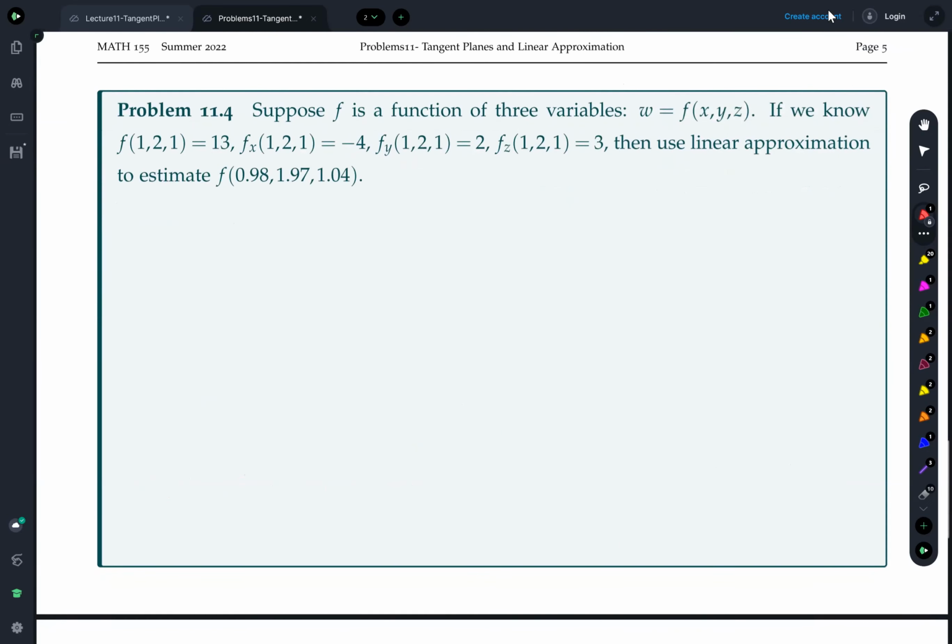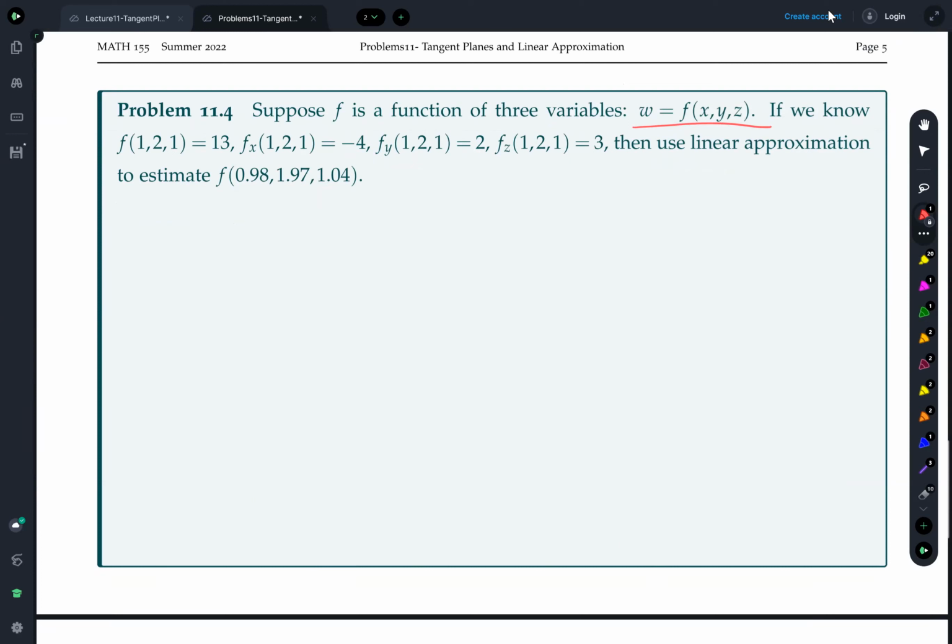Okay, so we've been working on functions with 2 variables, but exactly the same process applies if we have a function of more than 2 variables. So we can do a linear approximation to a function with any number of variables by doing exactly the same process we've done before. Here you've got a function of 3 variables. W is some function of x, y, and z.